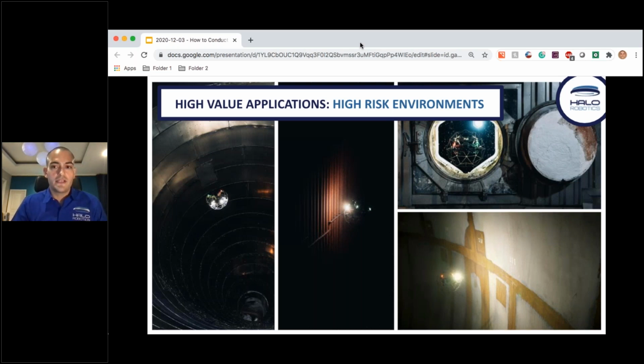Where that value is achieved is also in very high risk environments.